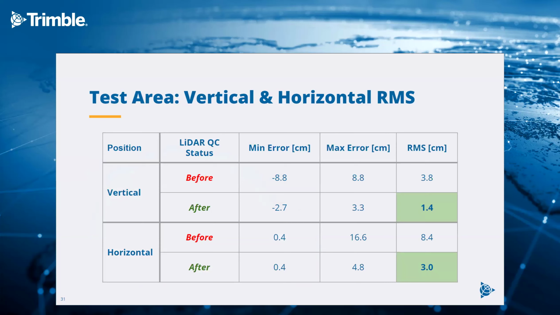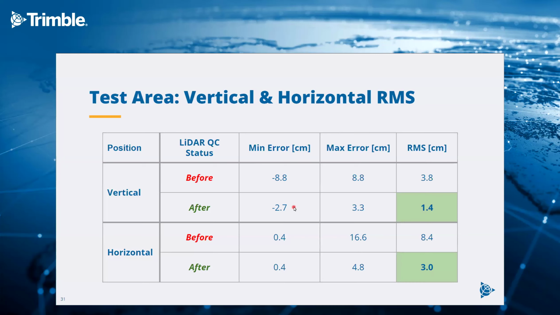So let's have a look at what the results were before LiDAR QC, which is here in the vertical component. The min and max error here was close to minus to plus 9 centimeters, resulting in an RMS of 3.8, close to 4 centimeters.